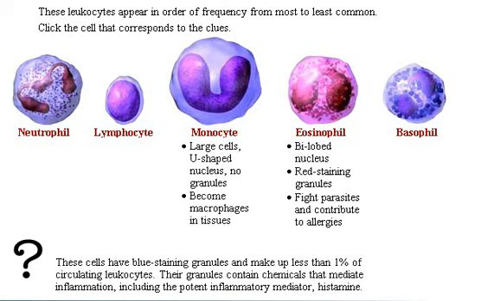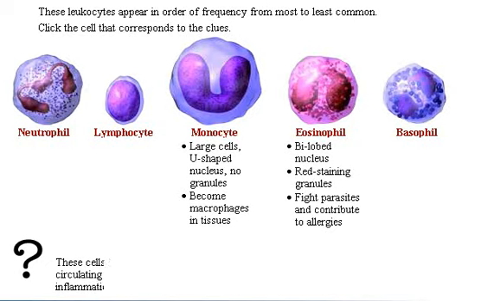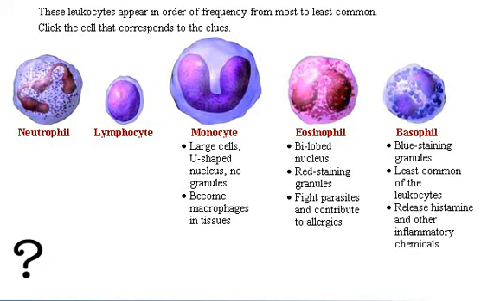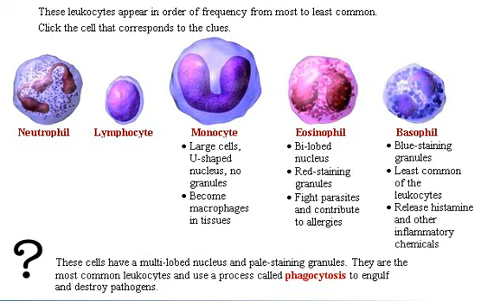These cells have blue staining granules and make up less than 1% of circulating leukocytes. Their granules contain chemicals that mediate inflammation, including the potent inflammatory mediator histamine. These cells have a multi-lobed nucleus and pale staining granules.